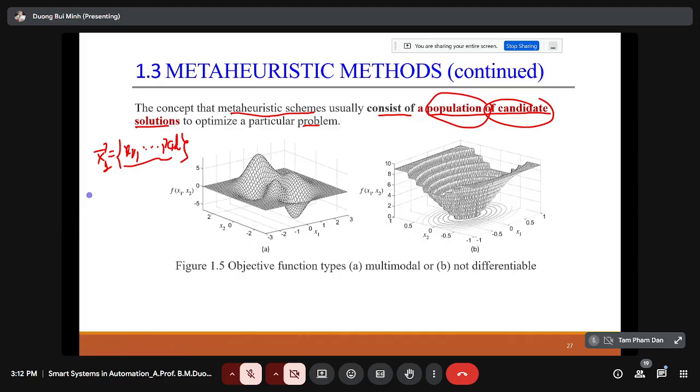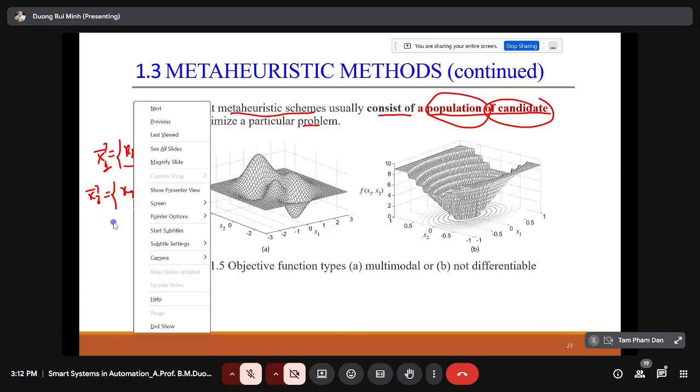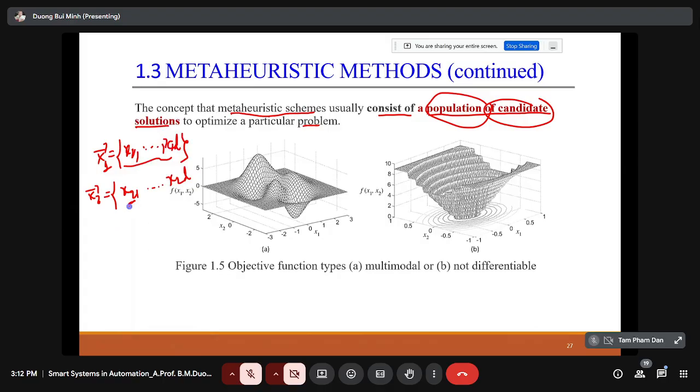Solution 2 has x21 to x2d. The first subscript means the order of the solution, the second subscript means the order of the dimension. If we have xk, we have xk1 to xkd. The combination of all of these we call the population.